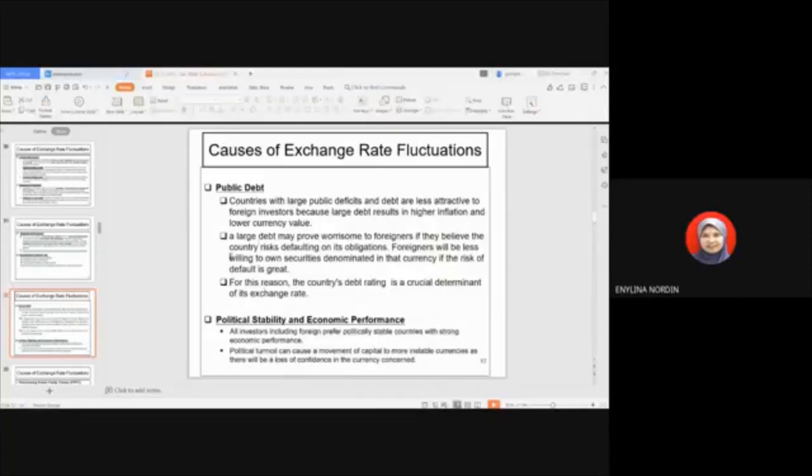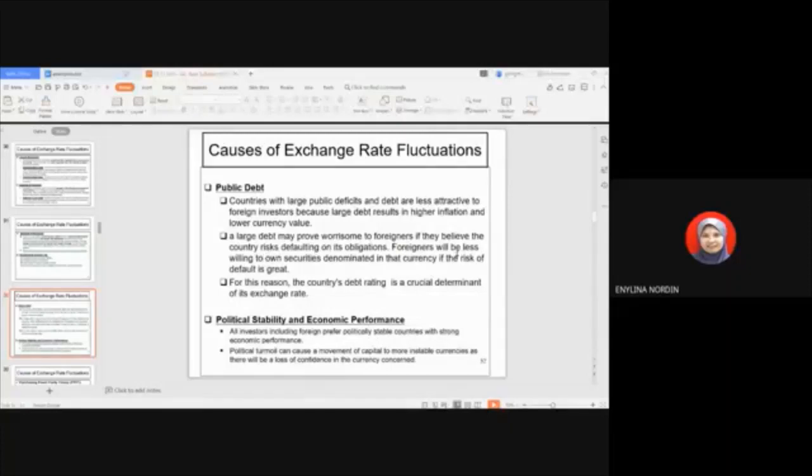A large debt may be worrisome and makes foreigners worry to invest in that country, if they believe the country risks defaulting on its obligations. So there is a high possibility of the country not paying its debts.